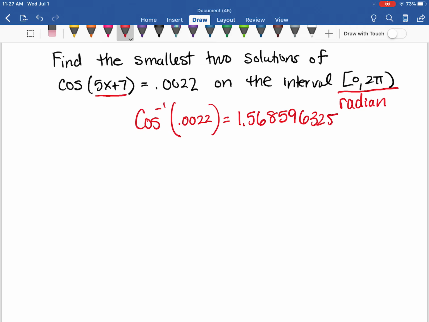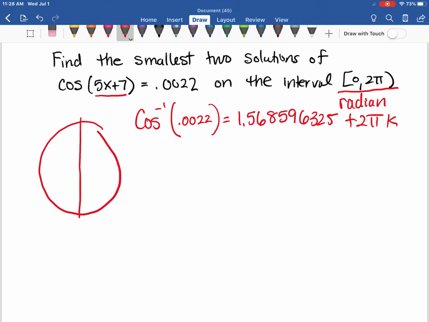And recall that I can add or subtract any multiple of 2 pi, and that will give me the same answer as 0.0022. Now, when we look at the unit circle, there are two places where cosine could be 0.0022.